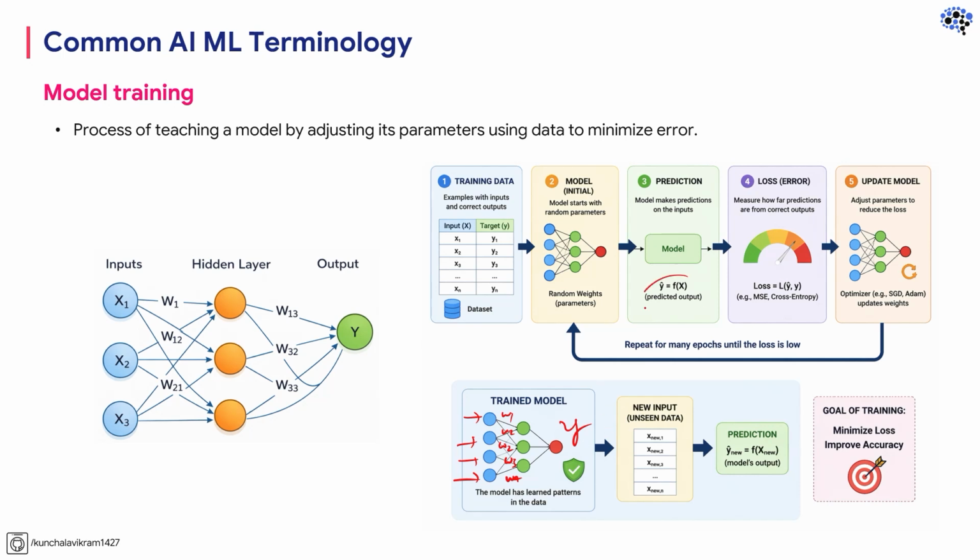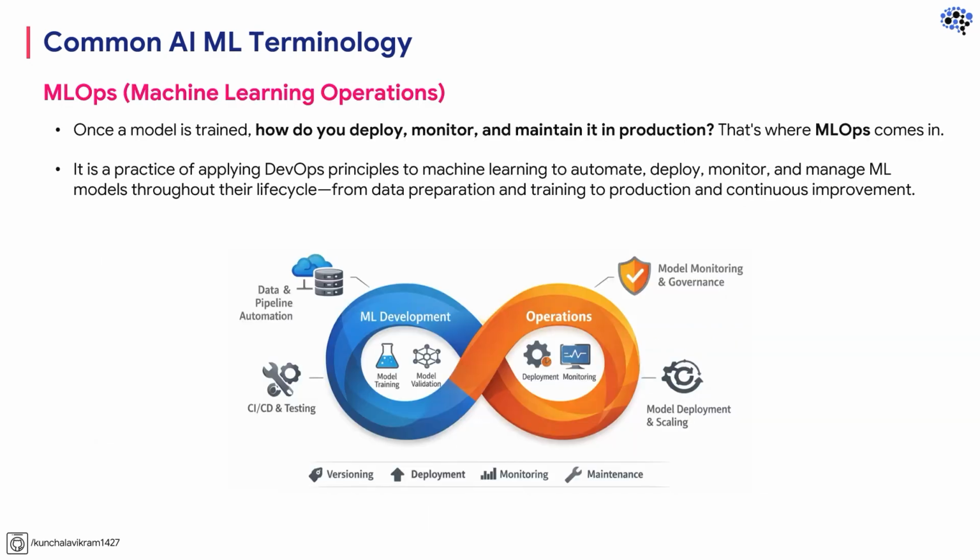As we already discussed, a model can be represented in the form of a mathematical function. We have the inputs, and we also know what the output is, that is the y. These are used to basically tune this function which represents the actual model. So this is model training.